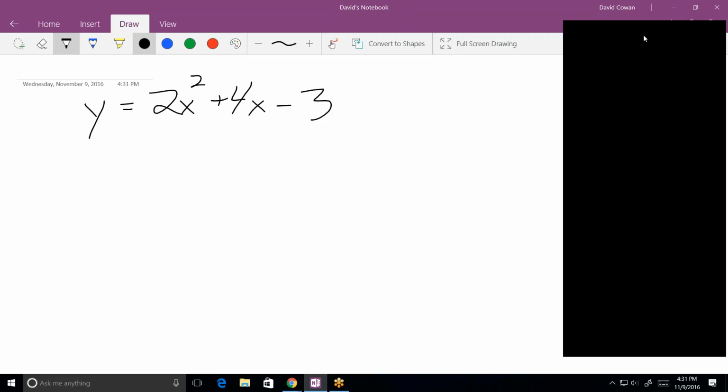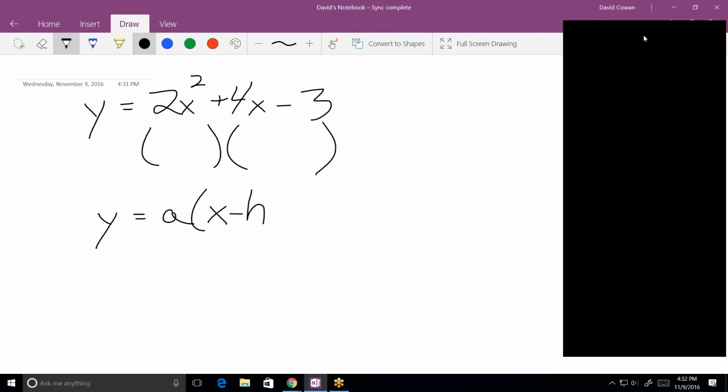First of all, for us to get all of that information, we need to try to factor this, probably. If I can factor it, then I will have it in x-intercept format. You have a couple of formats for quadratics.